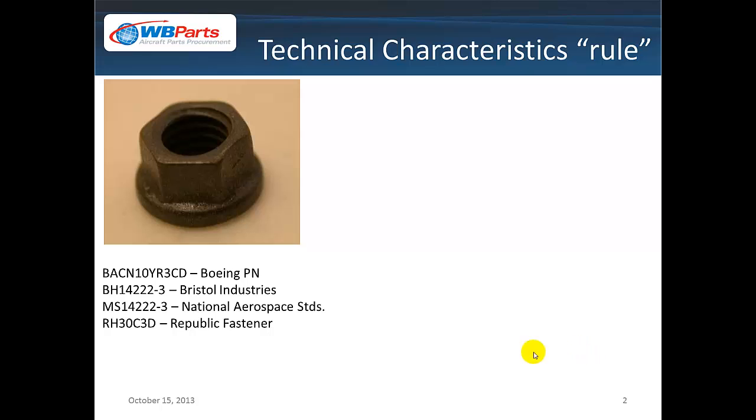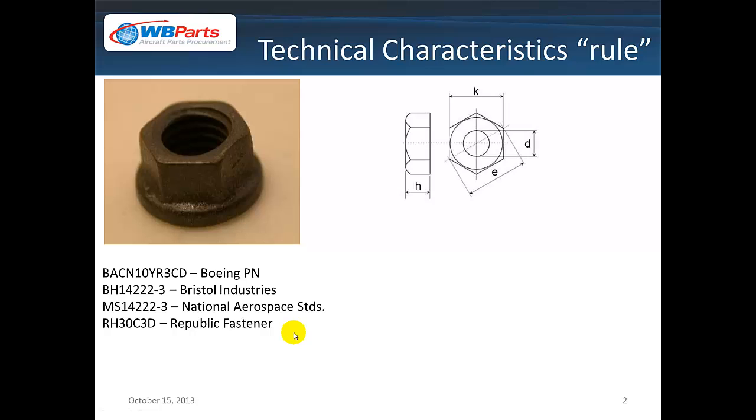This nut can be purchased using all of these different part numbers. So the government again used the technical characteristics as a method to bind all of these together. And in the case of a nut, the technical characteristics largely revolve around material, measurements, and all the physical characteristics associated with this nut.